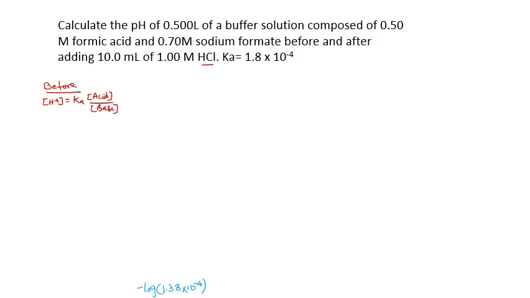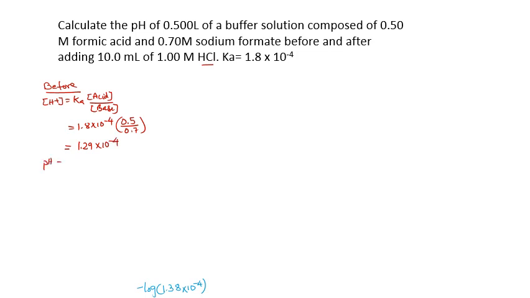Ka is 1.8 times 10 to the power negative 4. Concentration of the acid is given as 0.5, that is formic acid. We don't have to know the formula here. And 0.7 is the sodium formate, which is the conjugate base. So that will equal 1.29 times 10 to the power negative 4.